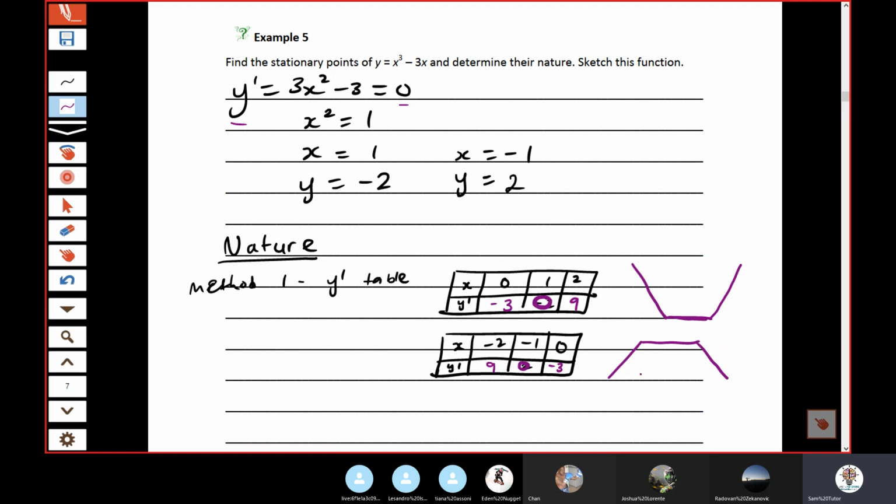That's a max. That's a min. So is that like the nature? Is that how you draw it? That is exactly the nature, and that's pretty much how we're going to draw it. So like it's trying to say at 1 and negative 2, at this point, it needs to be a minimum turning point. But at this point, it's got to be a maximum turning point.